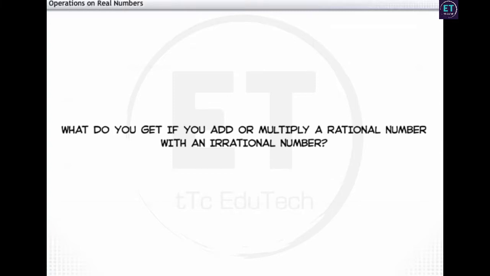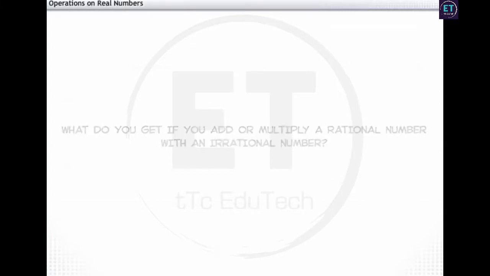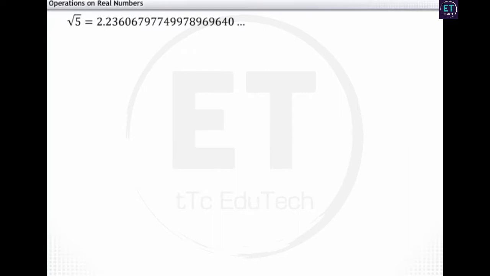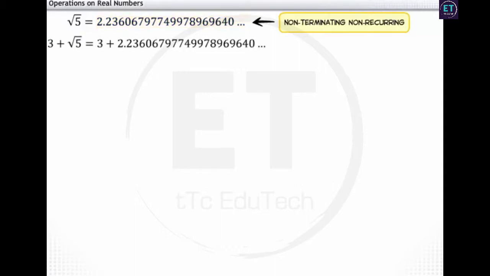What do you get if you add or multiply a rational number with an irrational number? We know that the square root of 5 is an irrational number. That is, the decimal expansion of the square root of 5 is non-terminating, non-recurring. On adding this non-terminating, non-recurring decimal to 3, we get a non-terminating, non-recurring decimal.